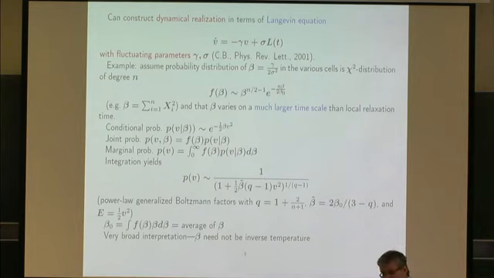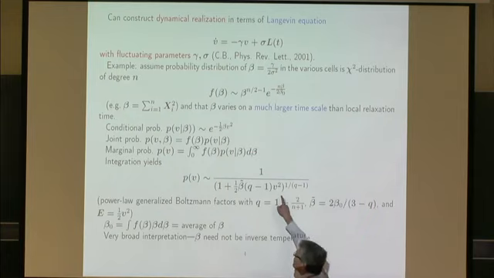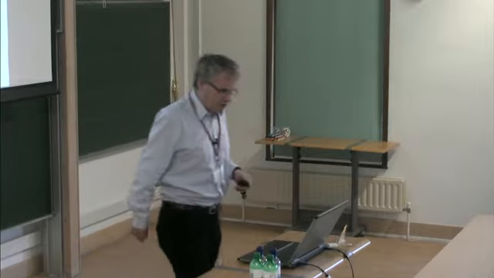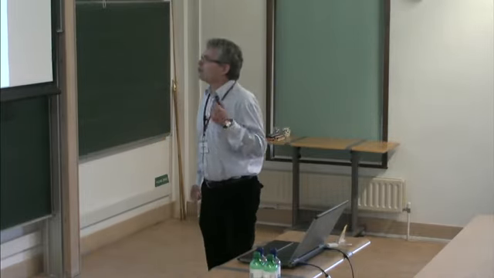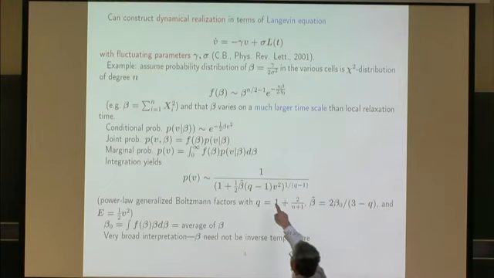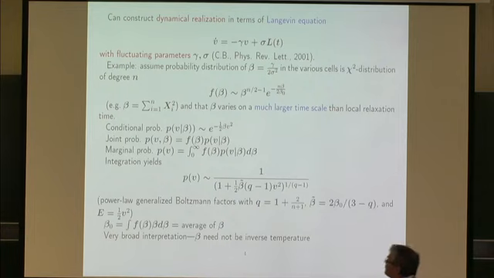But what experimentalists then often measure is the marginal probability density, which you obtain by integrating over all these inverse temperatures beta. And if you plug in these formulas, then you end up with this formula. So you see the P of v, the stationary distribution of this system where the parameters fluctuate, is not anymore a Gaussian distribution, but a power law that you get simply from this integration over the fluctuating beta.